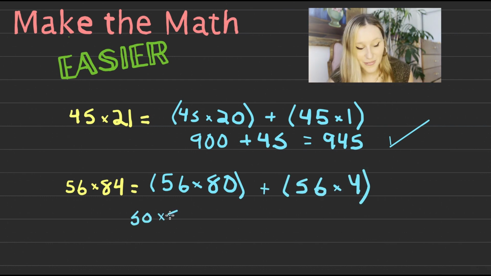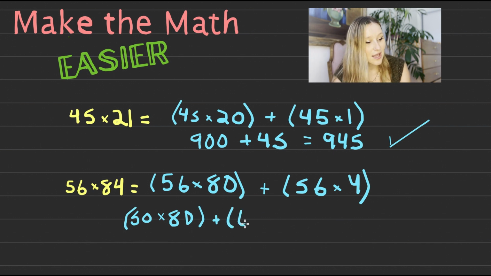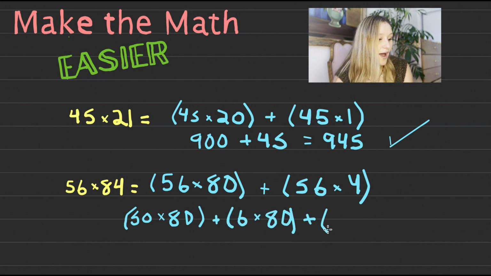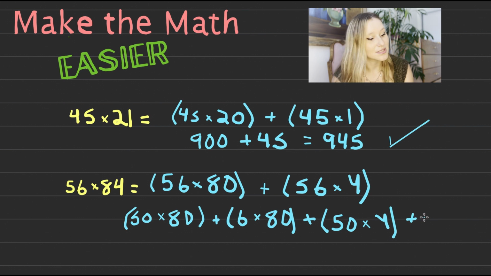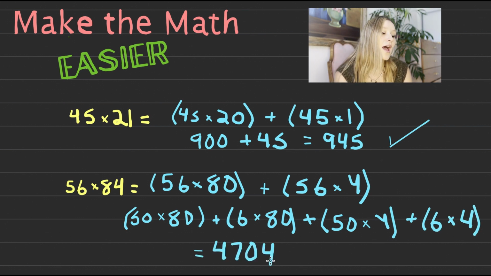Then we can separate them again to get 50 times 80 plus 6 times 80 plus 50 times 4 plus 6 times 4. And then, long story short, we get 4,704. But you will not see anything like that on the MCAT. I just put that there so you don't make mistakes like that.